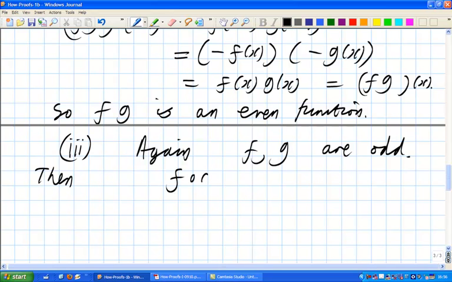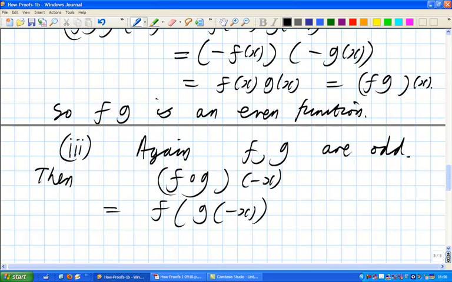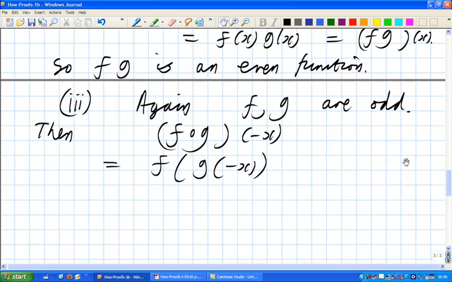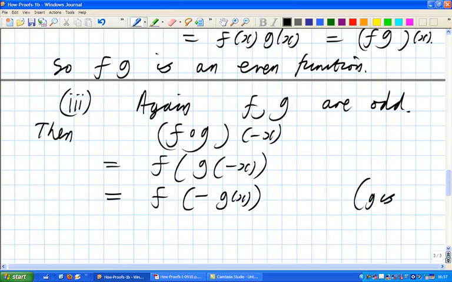F composed with g of minus x means f of g of minus x. That's the definition of f composed with g. G of minus x is minus g of x because g is odd. Had to use that somewhere.